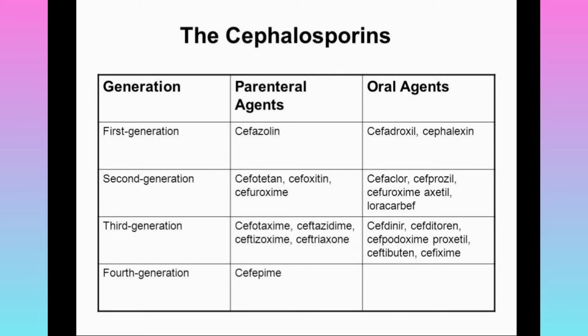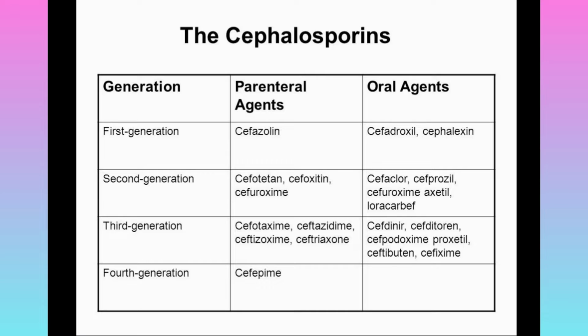So, looking at classification of cephalosporins according to generations and their routes of administration. We have those which are given parenterally via intramuscular or intravenous route, and those which are taken orally.